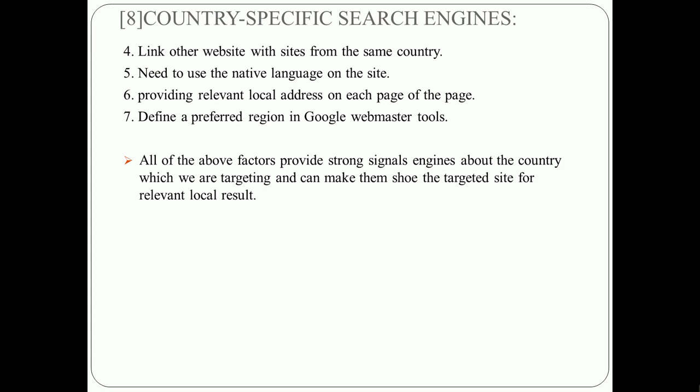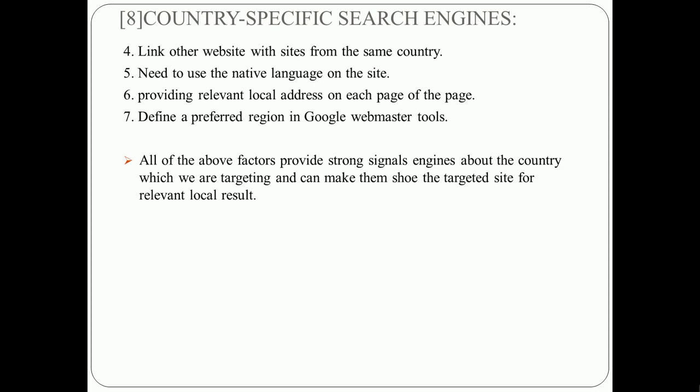Link other websites from the same country. If a different website from the same country is there, you can link it so that you will get a better result. Use a native language on the site.